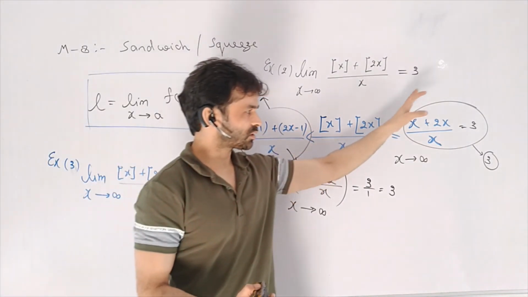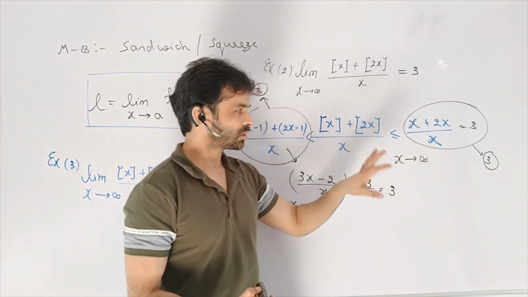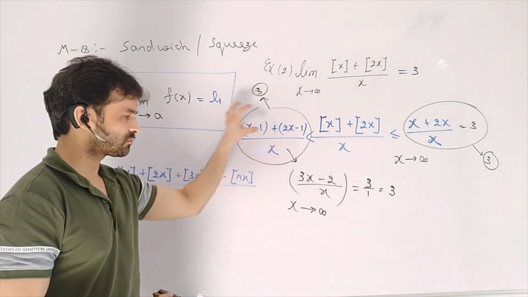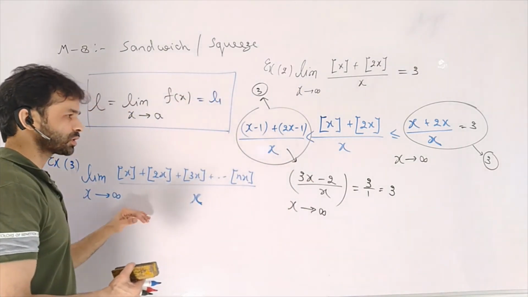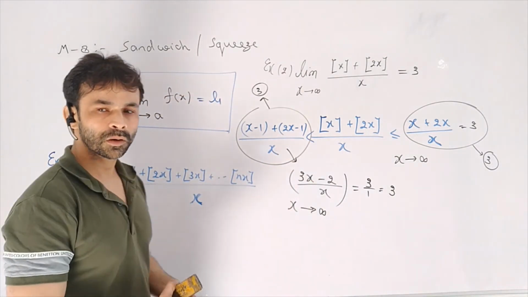You will write one bigger function and find its value, write one smaller function and find the limit, and the limit will be the same on both sides. So here you can use it.